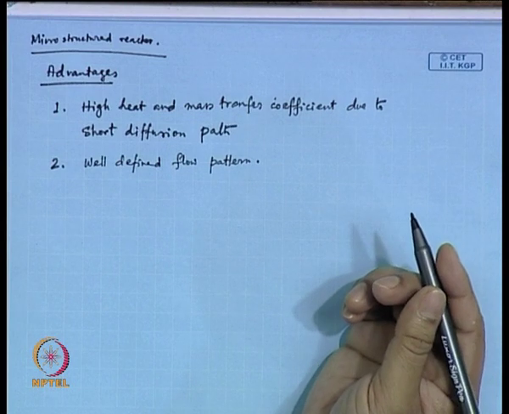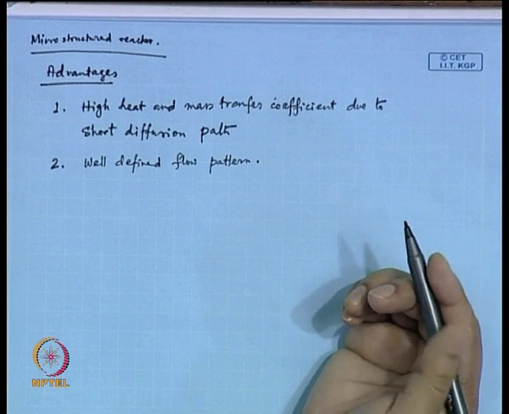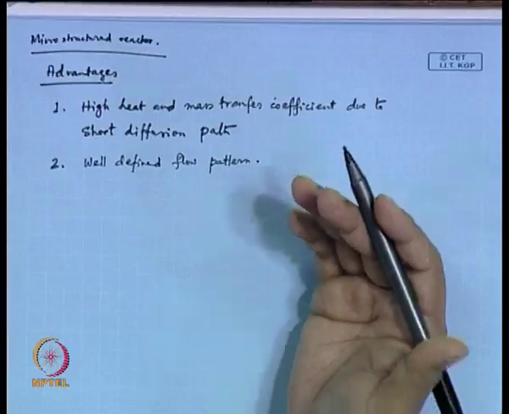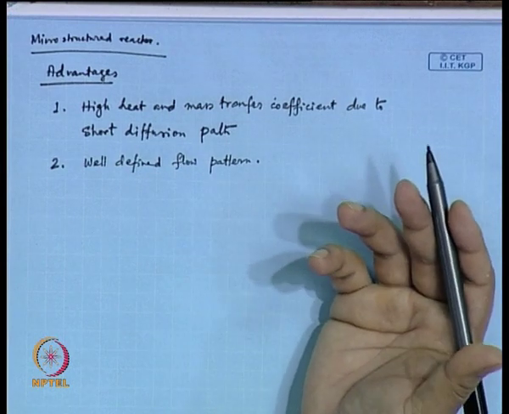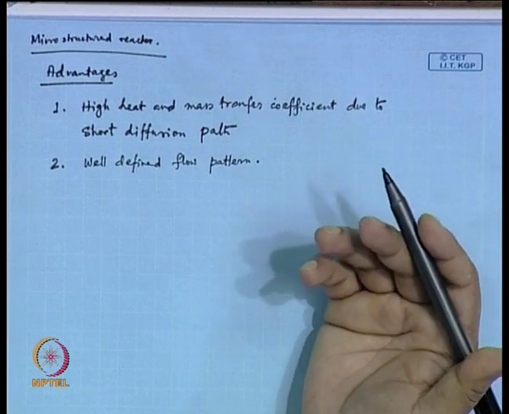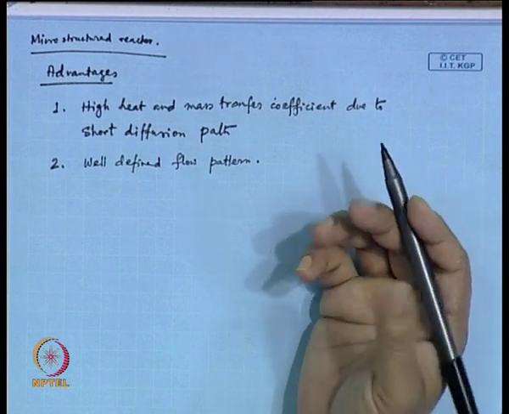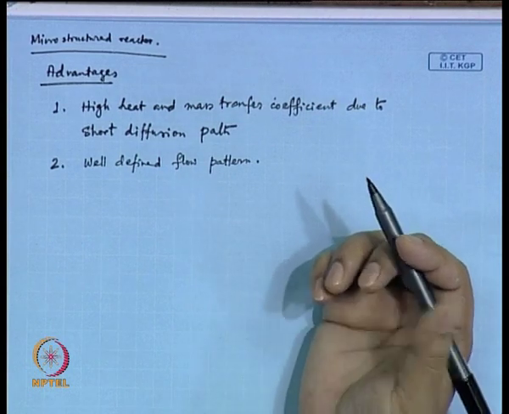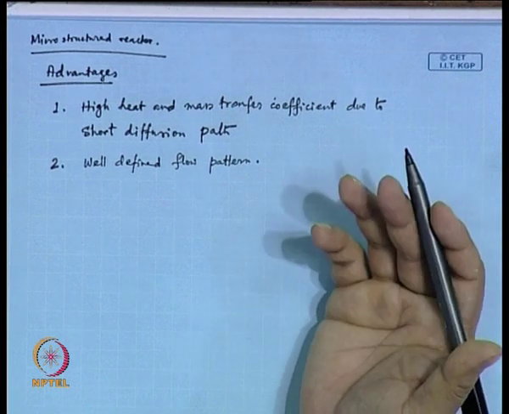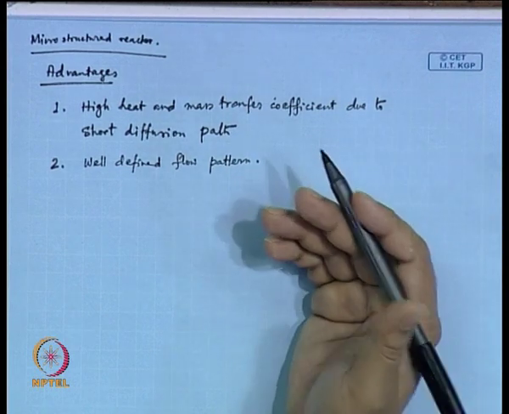So, the flow pattern is not well defined, and if the flow pattern is not well defined, you do not know what type of heat transfer mode or mass transfer mode would be working there, and more importantly, it could be that in some places inside this packed bed, the amount of catalyst that is available per volume of influent is much higher, and in some places it is much lower.